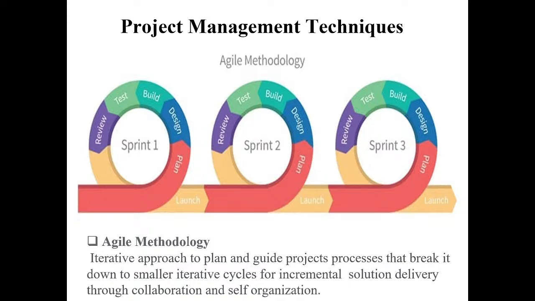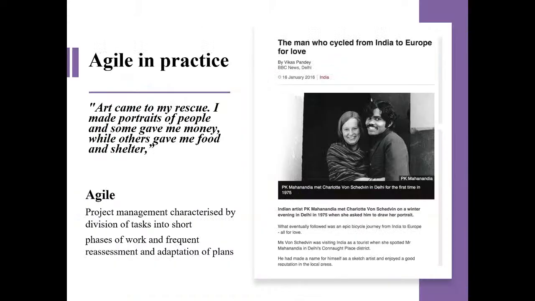Now, an interesting Agile story is about an Indian man who fell in love with a beautiful Mzungu in India who'd come to tour. Now, the guy had two options. The first option was to raise money.